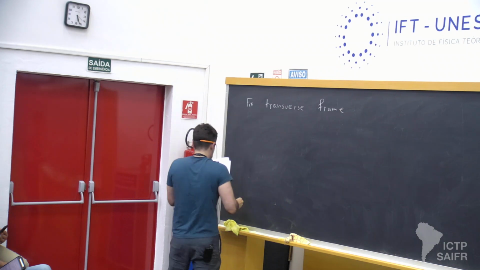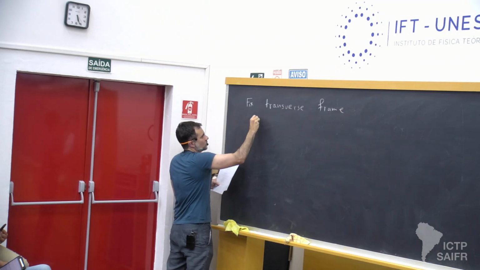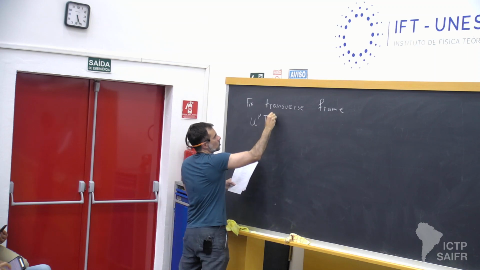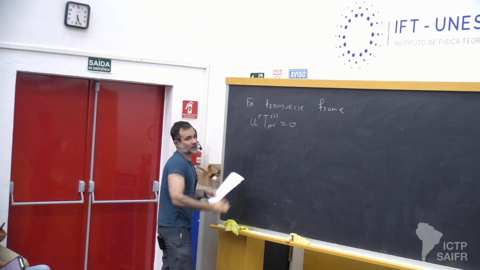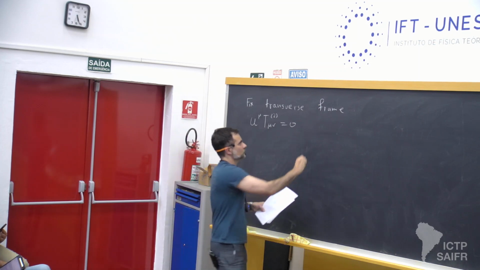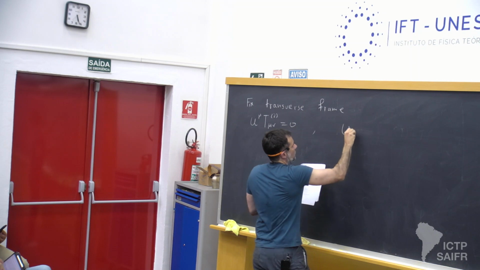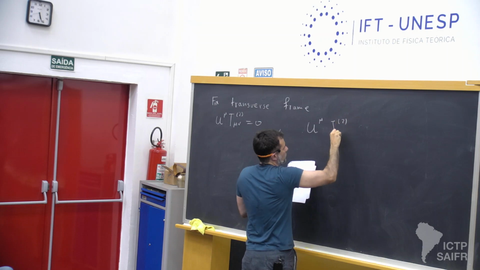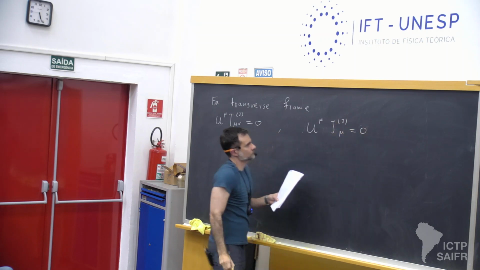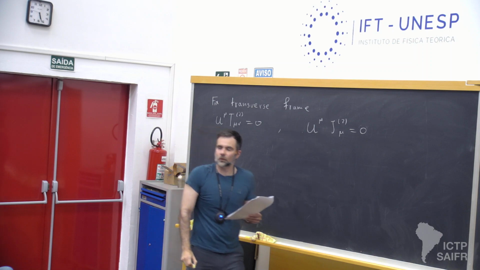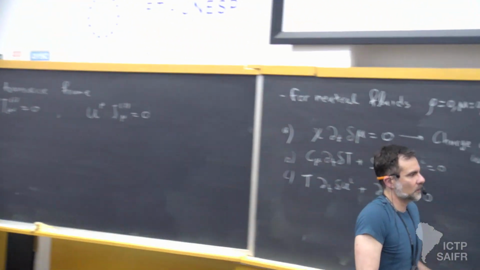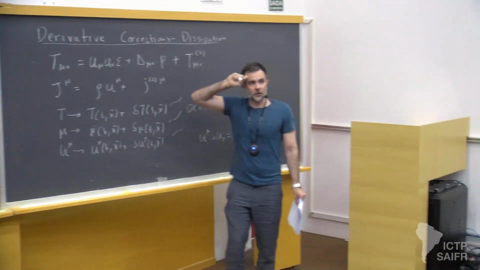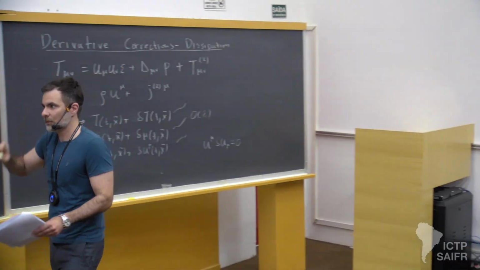I happen to like this one. So the transverse frame is basically defined by some projection conditions. So these are d conditions. There is one free index mu. And there is one more condition on the electric current corrections. So as long as you impose this, there is then no freedom in redefining the local temperature, chemical potential, and fluid velocity.